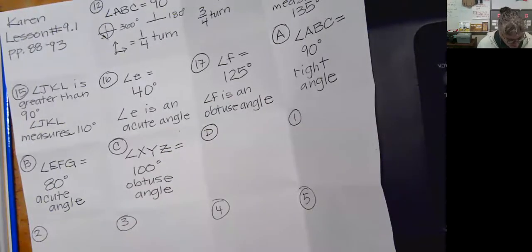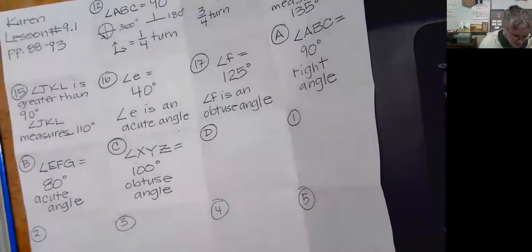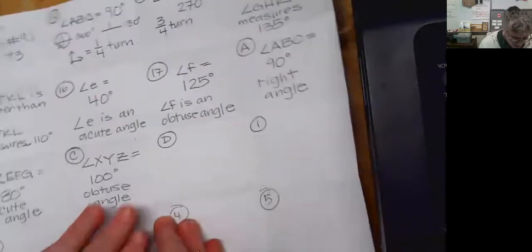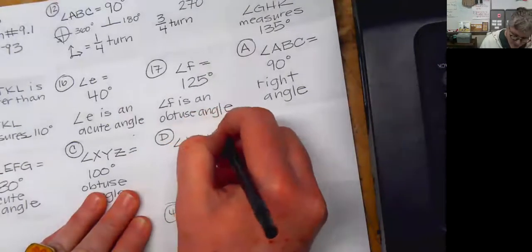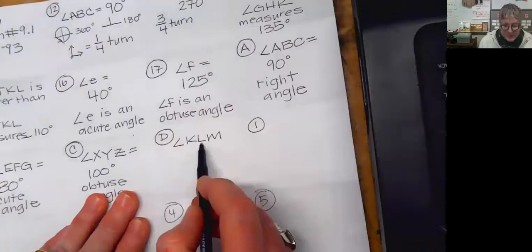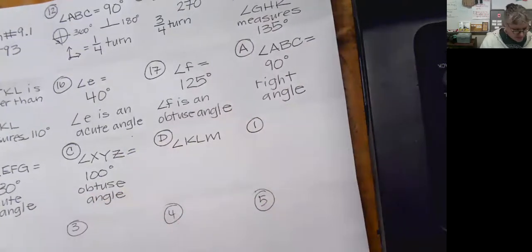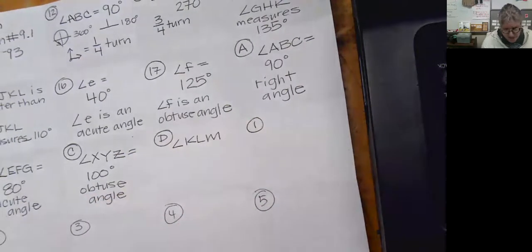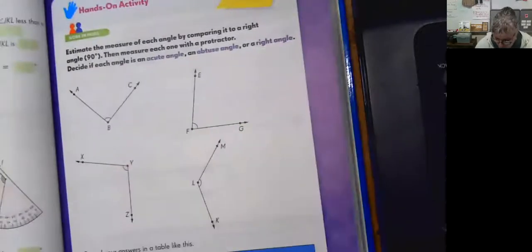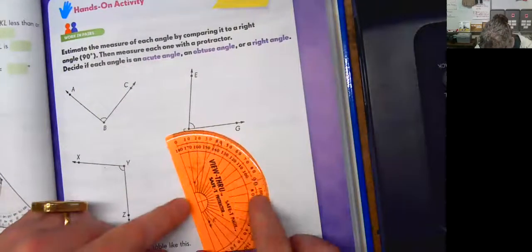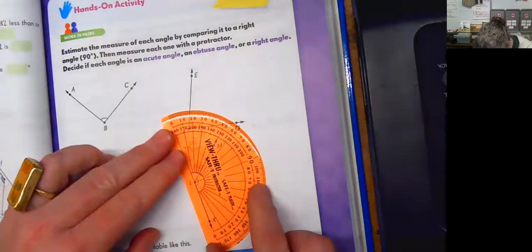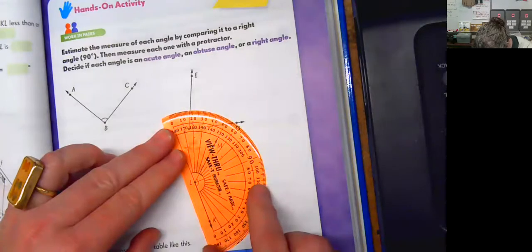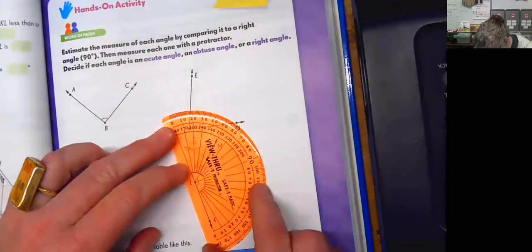All right. And now I'm going to do the last one, and this is angle KLM. Remember, I have to have the vertex in the middle. The vertex is point L. So I'm going to take my protractor. I'm going to make sure that the X goes right here on the vertex on L. And then I'm going to make sure that K is along the line.